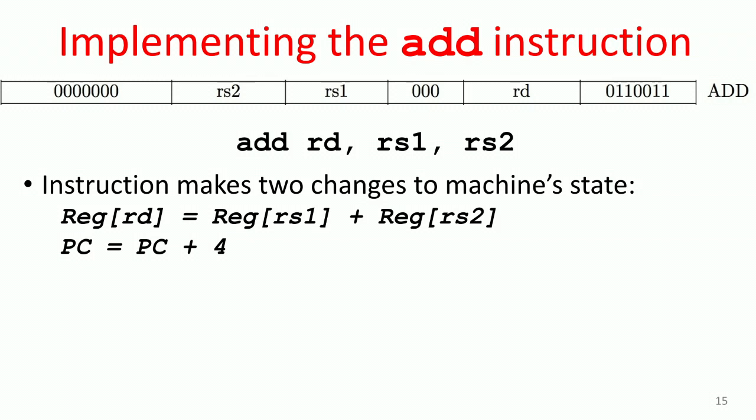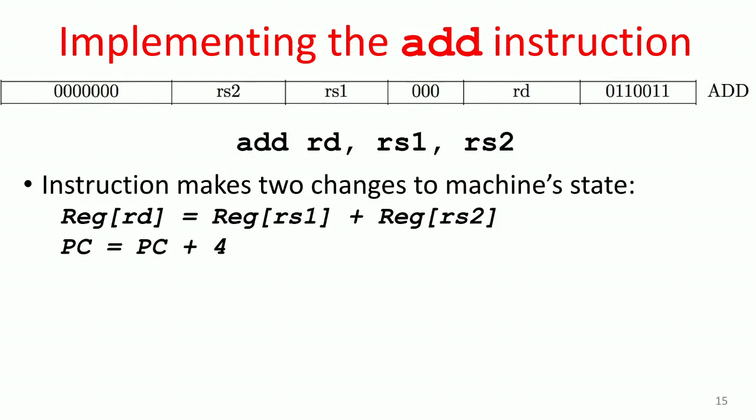The ones that change it to a dramatically different place, not just incrementing it, are the jump and the branch instructions. Here we say PC gets PC plus 4. That's because all addresses in memory are byte addresses, but instructions are 4 bytes long. So to move from one instruction to the next, we have to increment by 4 bytes. So that's plus 4.